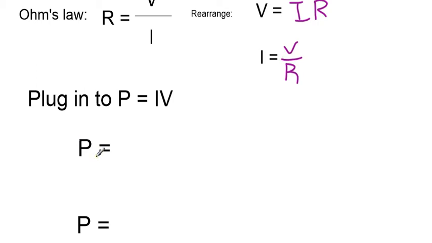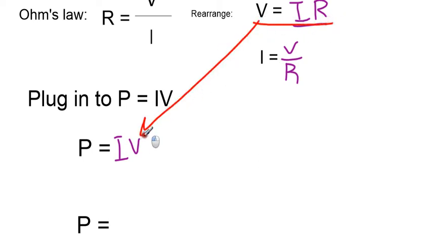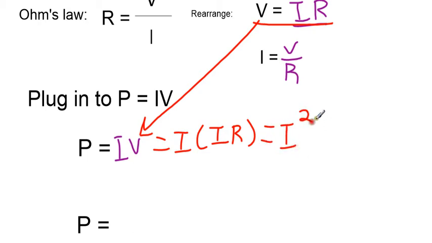So, if P is equal to IV and V is equal to IR, we can plug this into this V. So this becomes I times IR, which means that power is equal to I squared R. Power is equal to the current squared times the resistance.